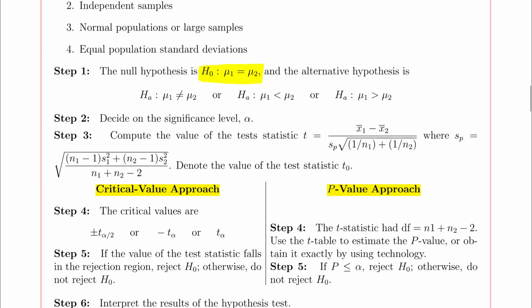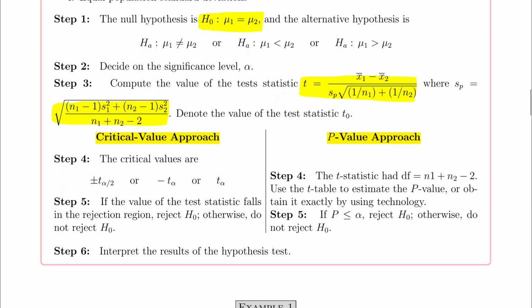There's a little bit more to it that we have to look at. So we can see here's how we compute the value of the test statistic, and this is how we compute the value of the pooled standard deviation. So we're going to have two calculations that are not complex, but when you enter them in your calculator or on your computer, you do have to be careful how you enter them to ensure that you get the correct answer.